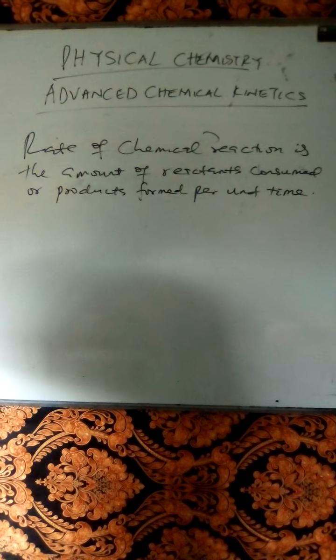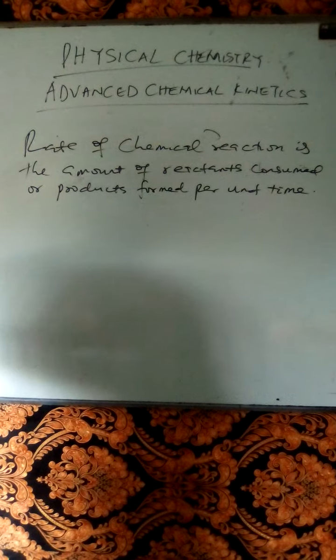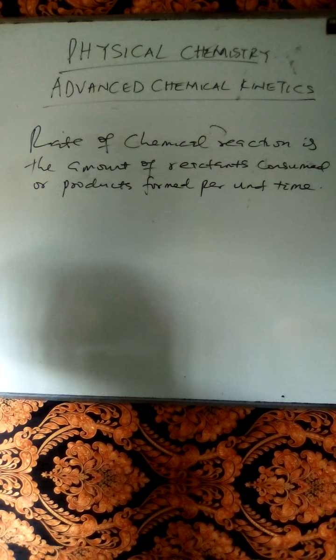So this is the definition of rate of chemical reaction. The amount of reactants consumed or products formed per unit time.